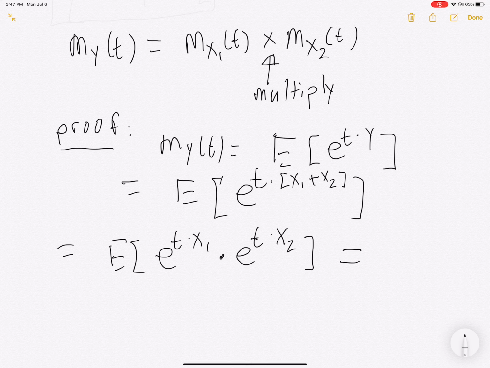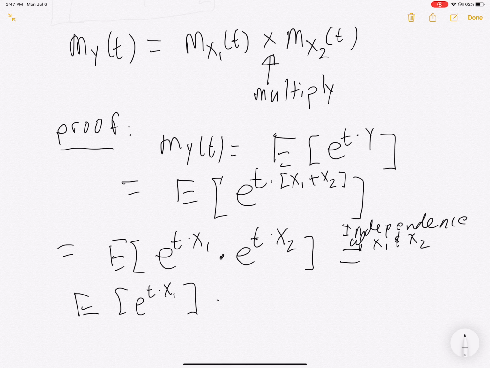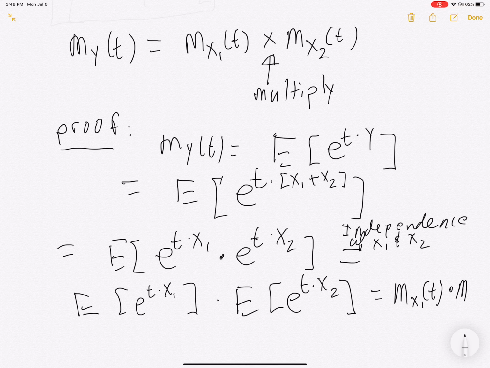And then there's one more thing that we need to state, which is independence of x1 and x2. This will be equal to the expected value of e to the t times x1 times the expected value of e to the t times x2, and that's the moment generating function of x1 times the moment generating function of x2 of t.